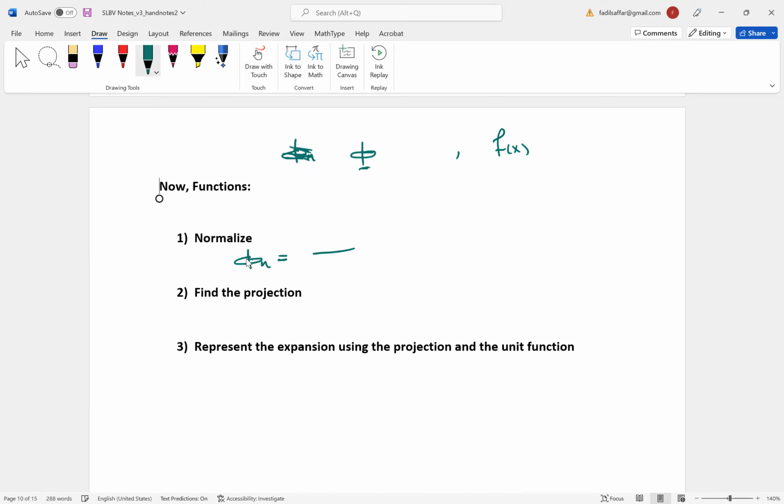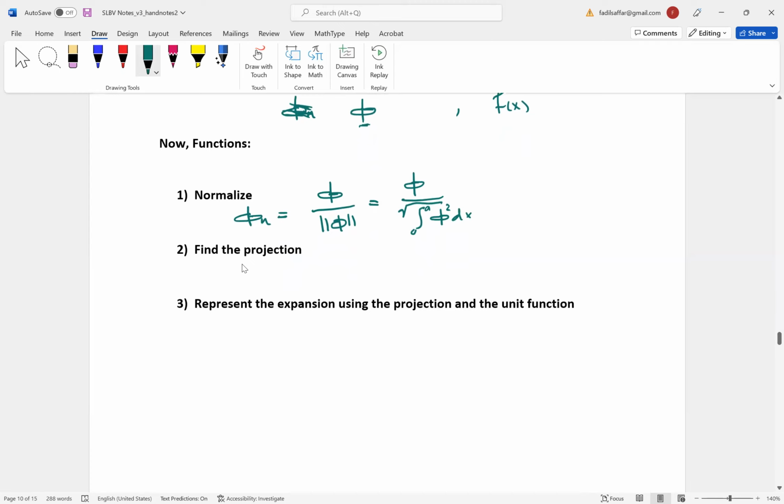And the way to do it is basically just like what we did with vectors. I need to take the function and divide it by its length. And what's the length of a function? It's basically the function divided by the square root of the integration from 0 to a, and a is mostly 1, of the function squared. And that way we find the unit function, or normalization of that function.